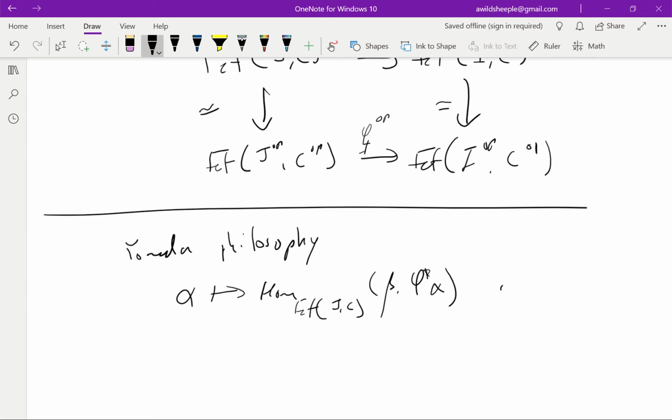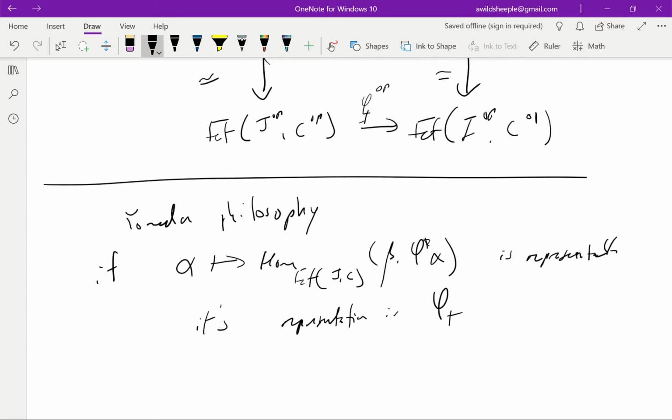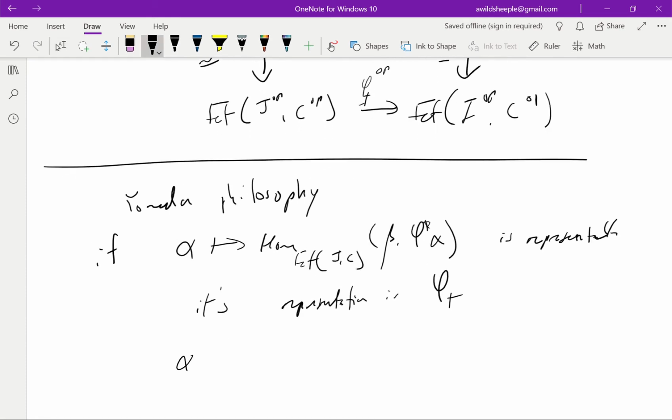So if this is representable, its representative is phi lower dagger. And similarly for the other, and eventually I'll stop writing this, but the argument goes over here this time instead.